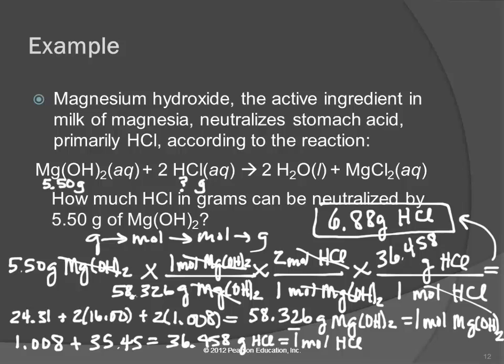Some periodic tables round everything to 2 decimal places, and so then things like hydrogen only have 3 significant figures, and so it's a very minor difference, but people who are detail-oriented come up and ask, why is mine a little different? It's okay. Was yours 7 or 9? Mine was 9.